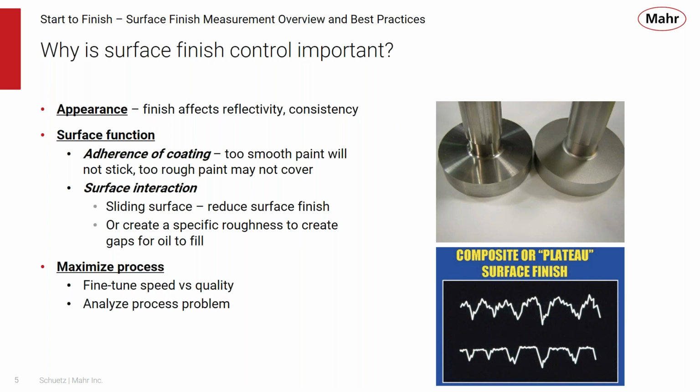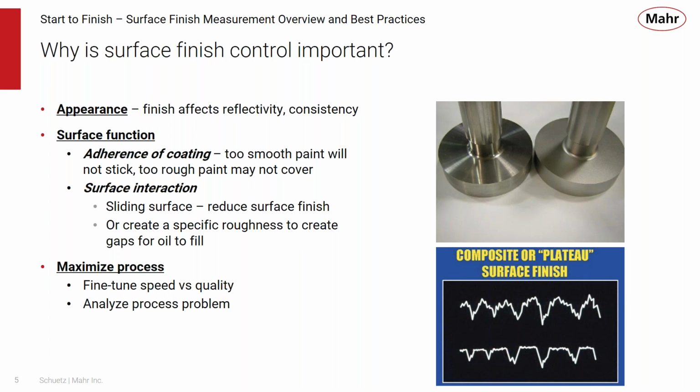You can see here a couple of pictures of 2 parts with different surface finishes. One's kind of shiny, one's more matte, and the way the quality of parts appears to people can be very, very important. So it's important to think about controlling surface finish to make sure that part appearance is consistent.